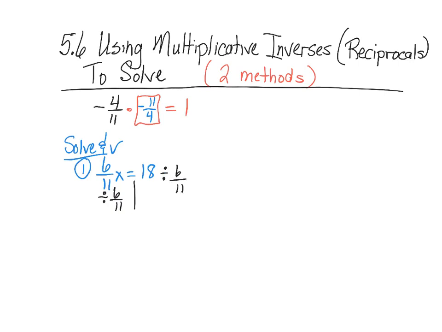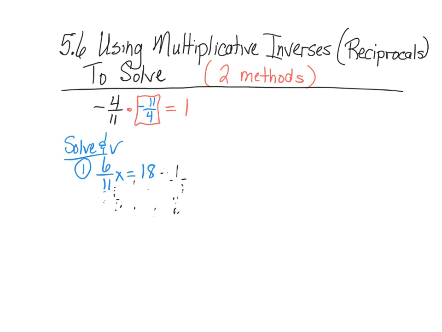Well, how do we end up taking 18/1 divided by 6/11ths? We would have to multiply by 11/6. So rather than doing all that work, if we know we end up multiplying both sides by the reciprocal, let's just start with doing that.